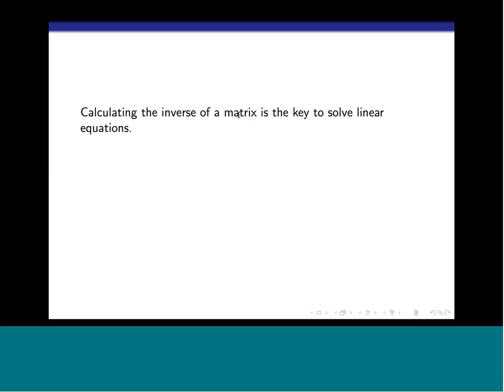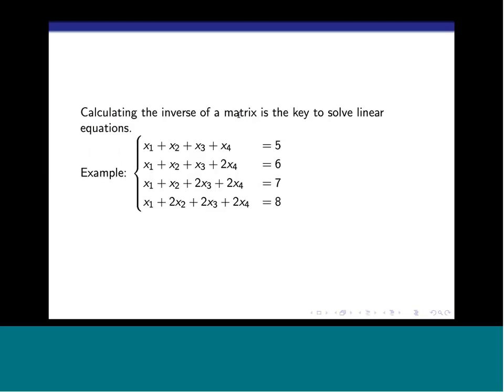Also, I already showed you the example of solving a linear equation, right? So the key is to find the inverse. So for example, you solve this equation, with x1, x2, x3, x4, x1, x2 plus x3, 2x4, and so on.